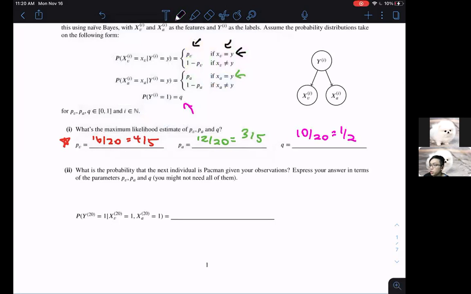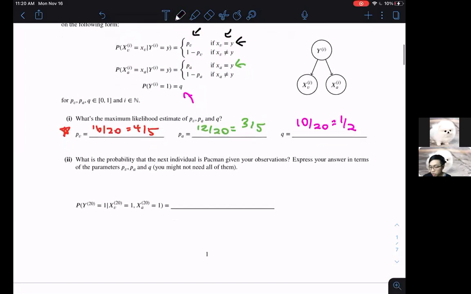So we can do this by looking at what we want to compute and then seeing what we have to work with and then figuring out how to work the probabilities that we have into this conditional distribution. And one thing that you might want to recall is that for conditional distributions, one good way to start off is by doing something with Bayes' rule.